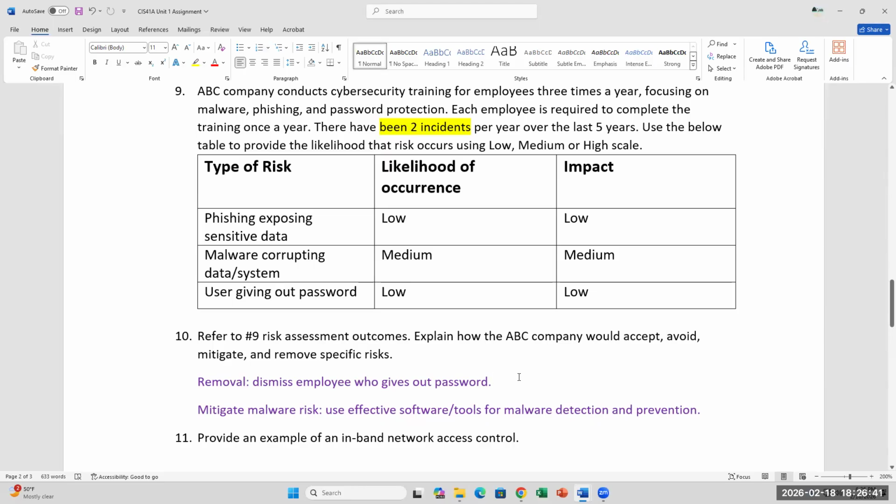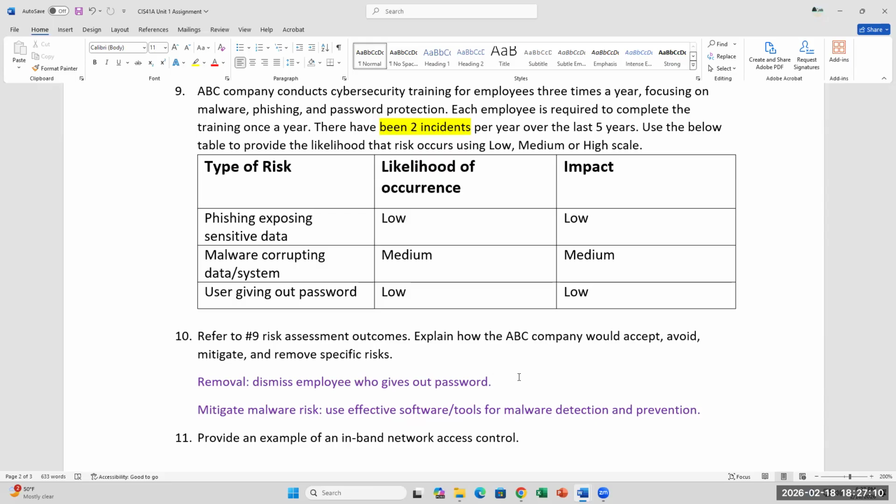So for me, if the employee breaks the rules, so if we have a policy in place saying that you cannot disclose your password, you cannot give your password to someone else to use, right? If we have that in place and they break the rule, automatic dismissal. Now, some companies are more lax. They would be like, oh, I will write you up, but likely it's going to happen again, right?